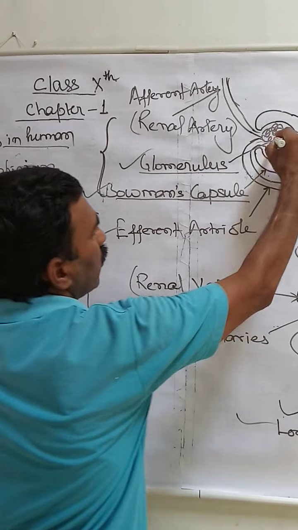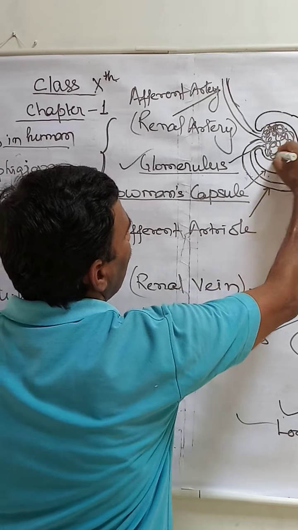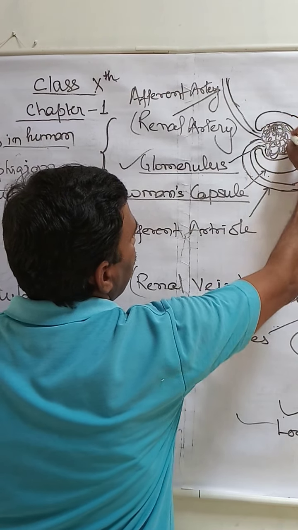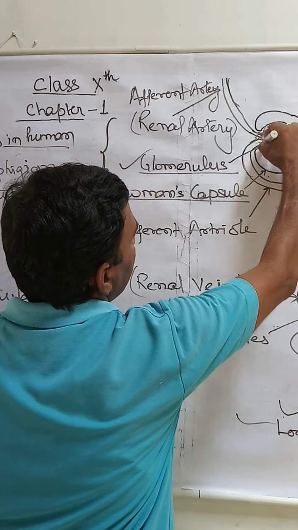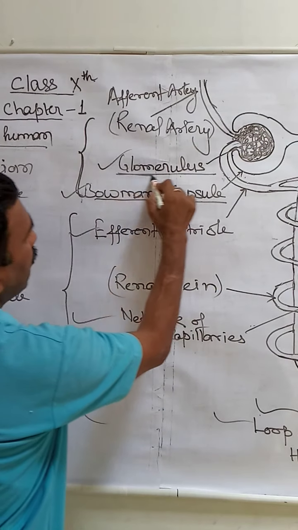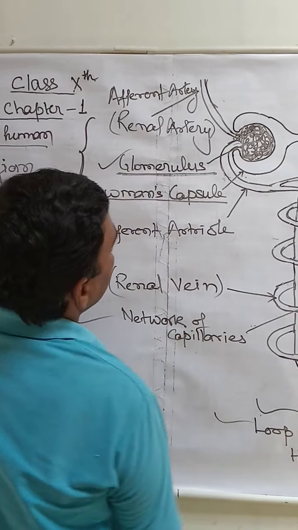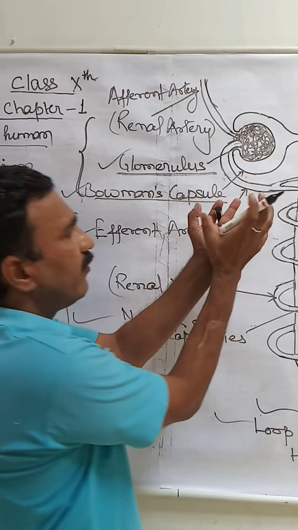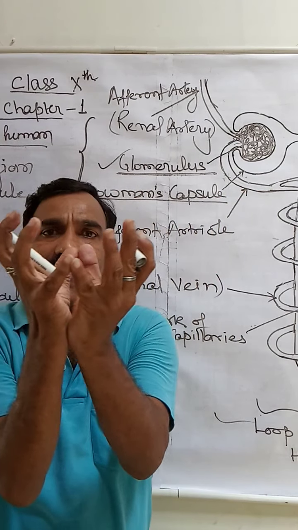Here you can see a coil-like structure made up of extremely fine tubules, and this coil-like structure is called glomerulus. This glomerulus is fitted in a cavity-like structure.